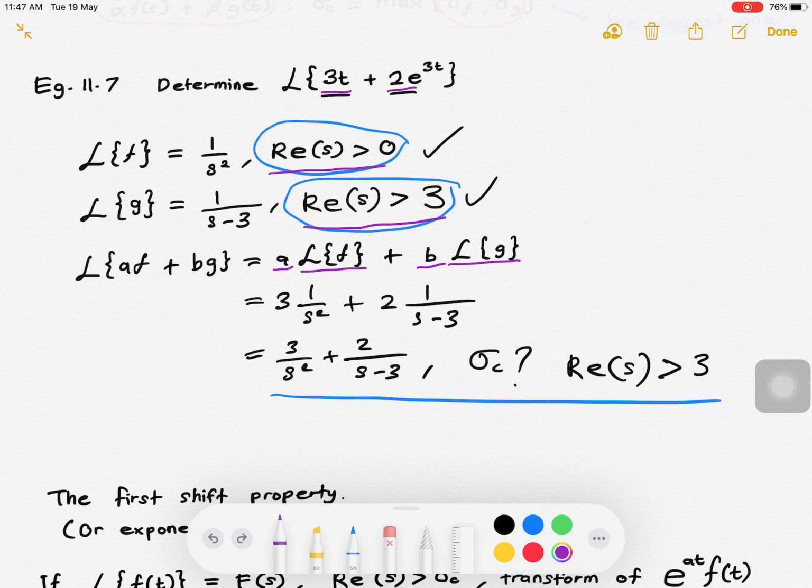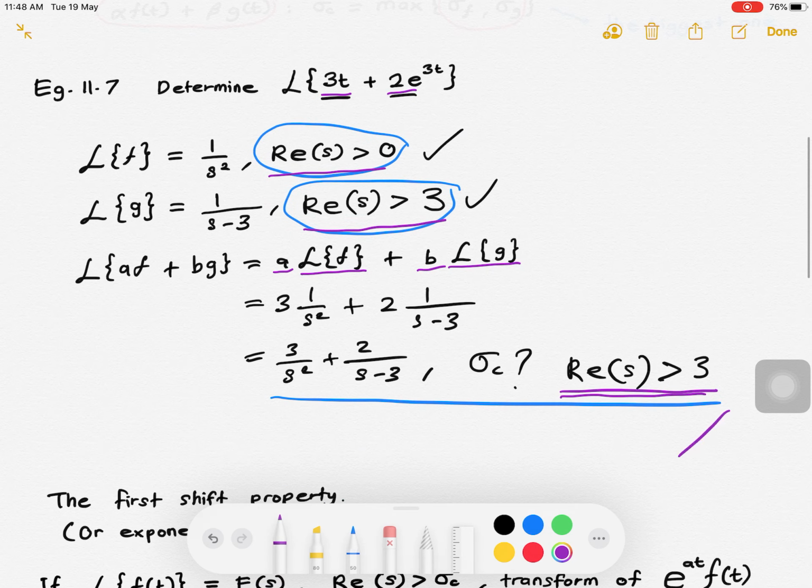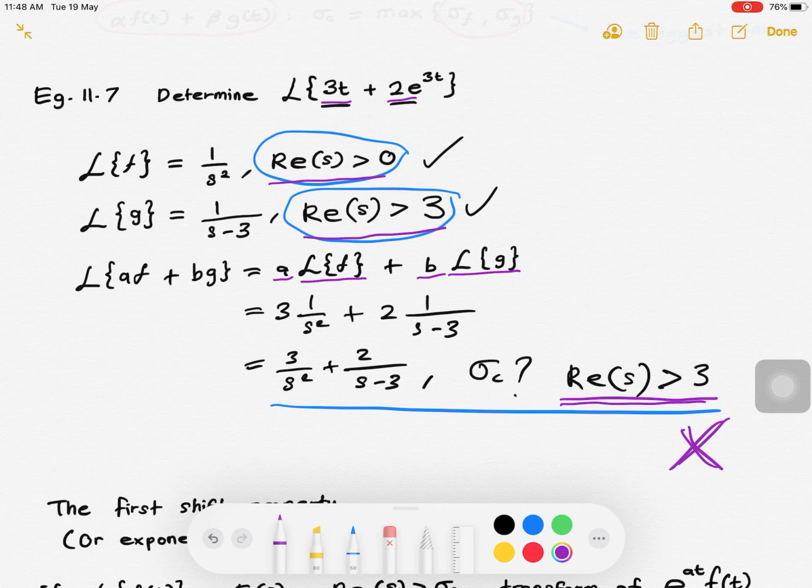So we simplify it. What is the abscissa of convergence? We consider these 2 values. Which one is the bigger one? 3, right? So this is the condition, and voila, that is the solution for example 11.7.